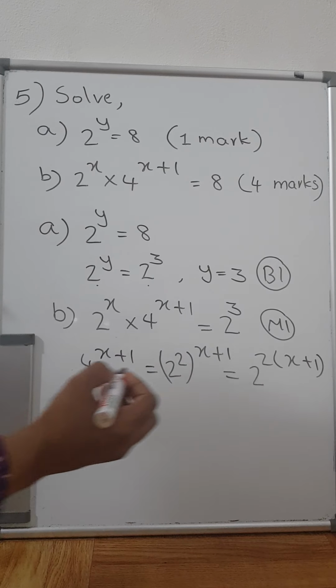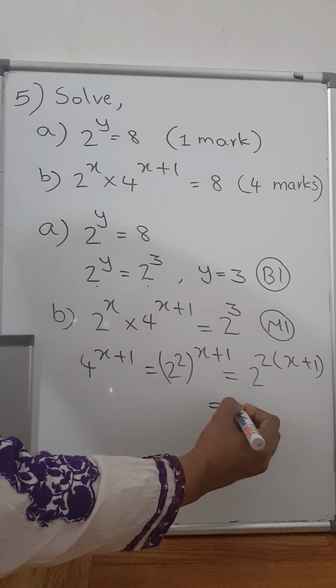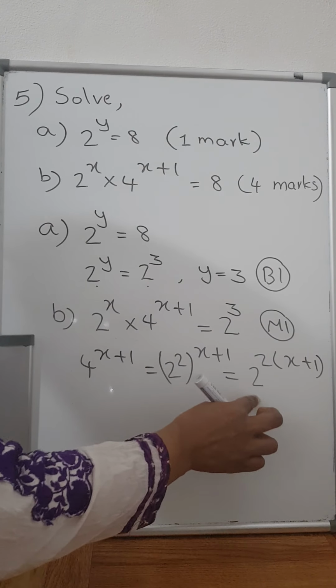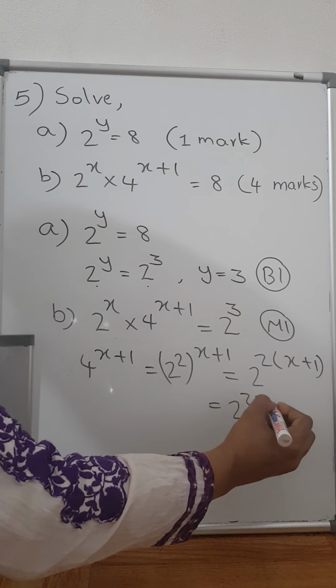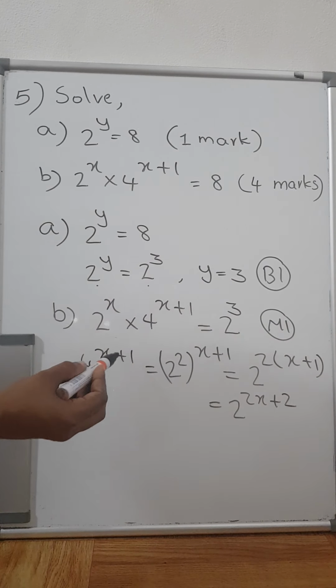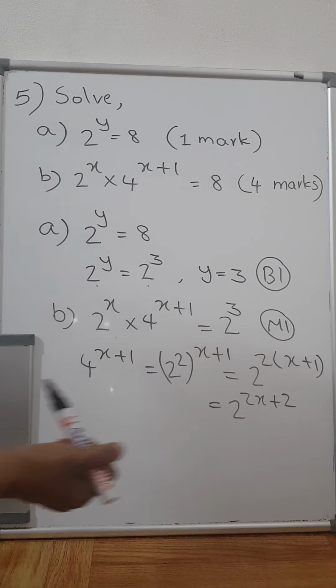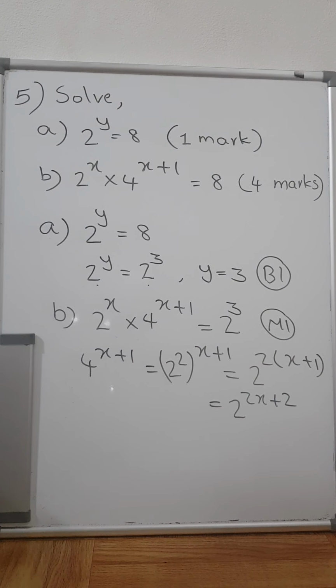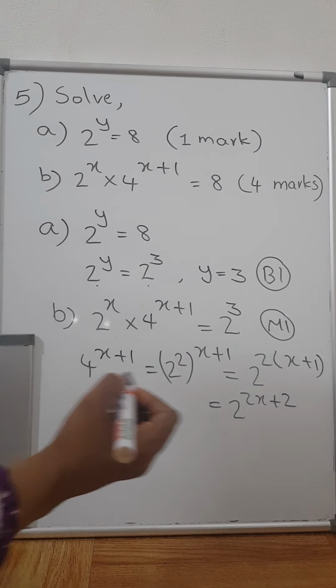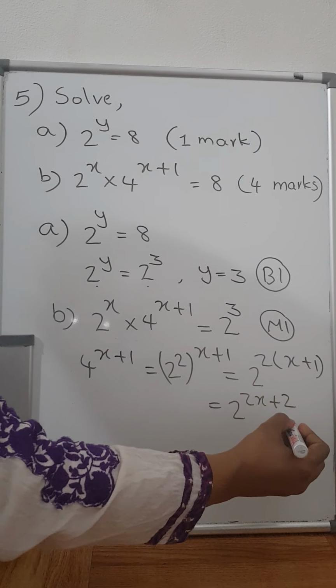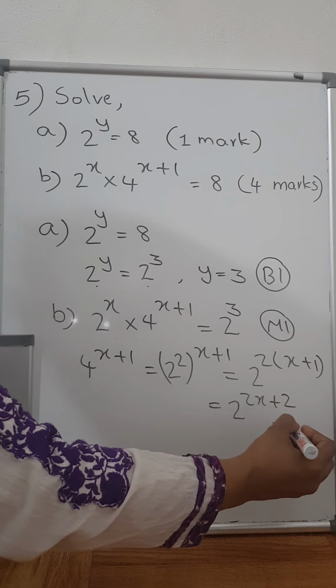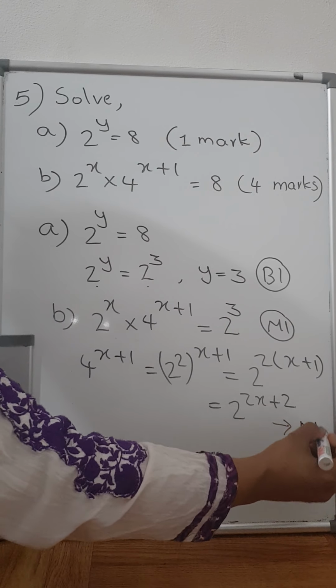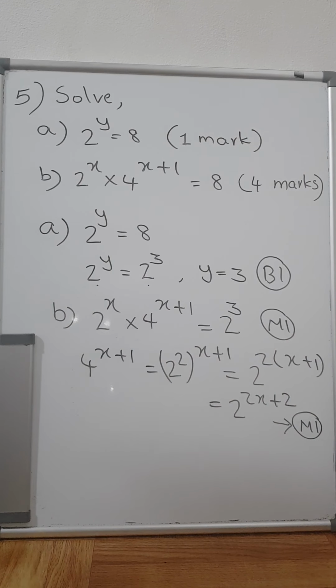That is 2 to the power 2x plus 2. So 4 to the power x plus 1 is same as 2 to the power 2x plus 2. For writing this step, we are going to get 1 mark, the method mark.